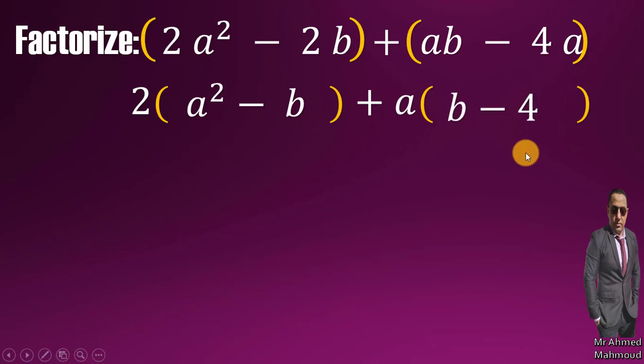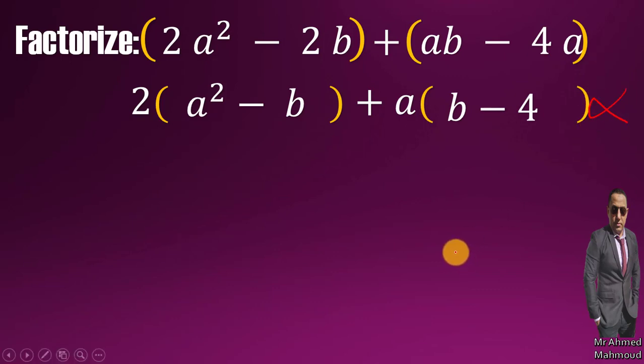Now, by looking carefully at the two brackets, what do you notice? I see that the two brackets are different, so this is a wrong choice. This is a wrong choice.